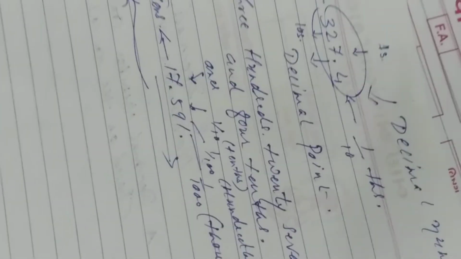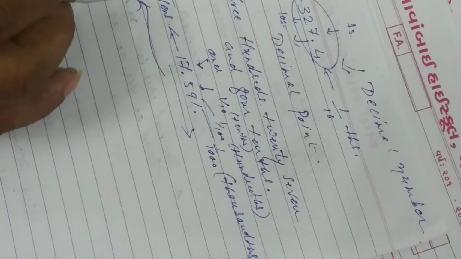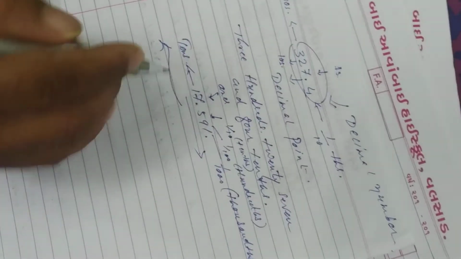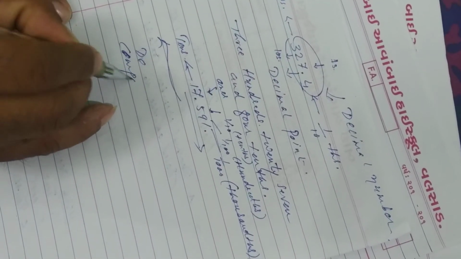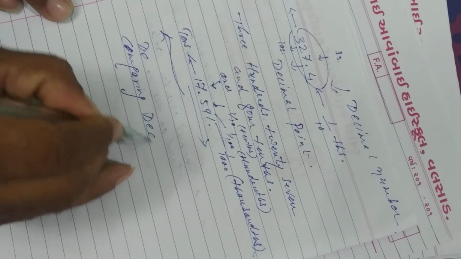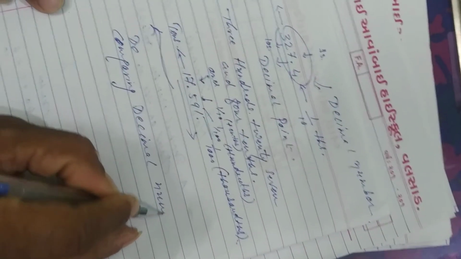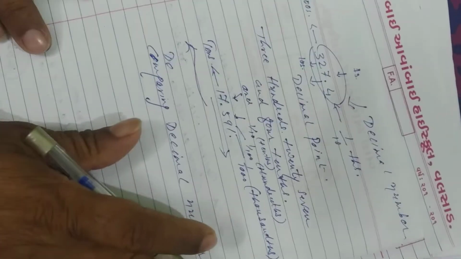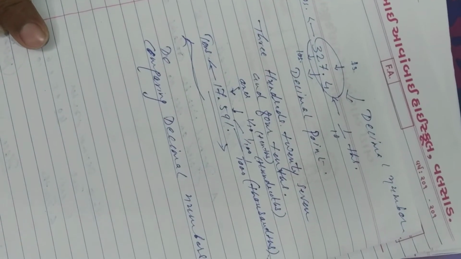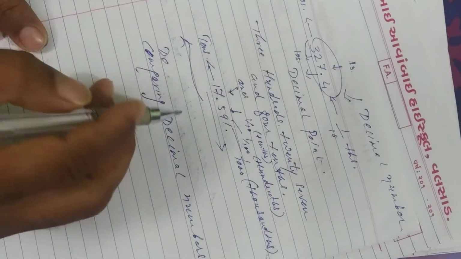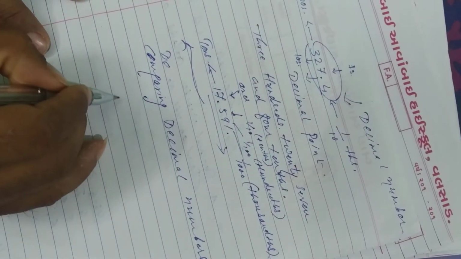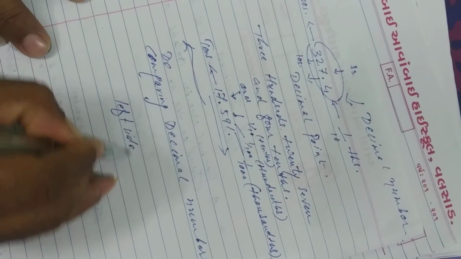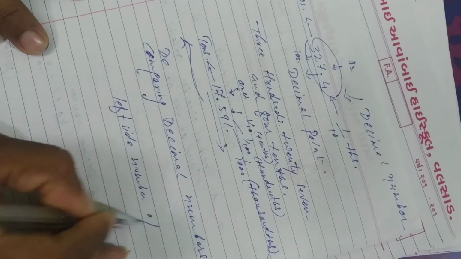Sure. Good. Now try to understand how to compare the numbers, large and small, big and small. In the decimal system, comparing decimal numbers. In decimal, when we compare the numbers, we have to very first check the left side number of the decimal.